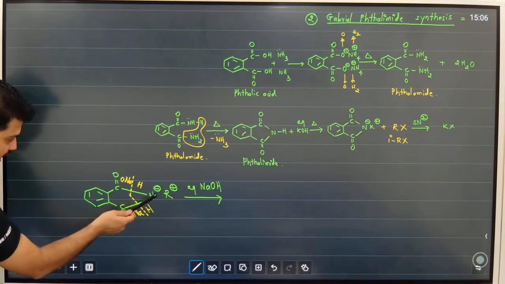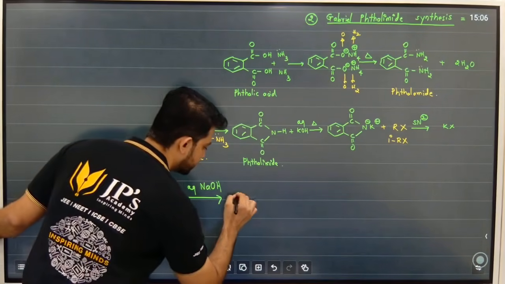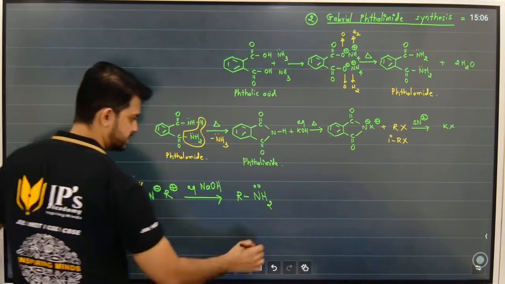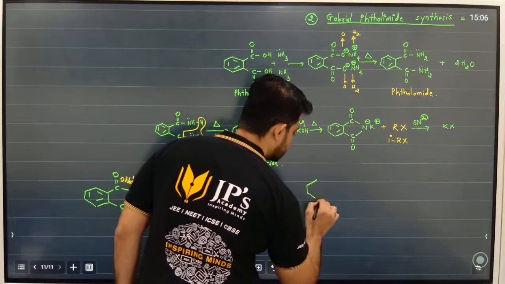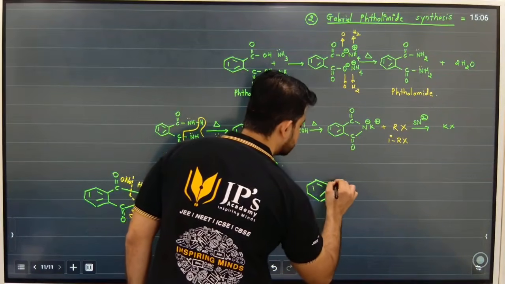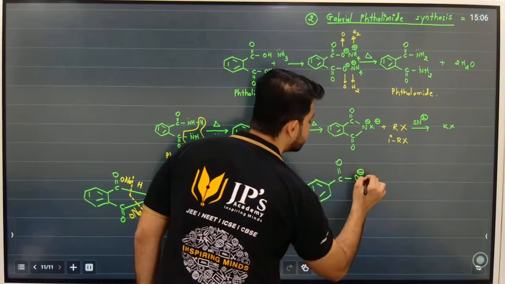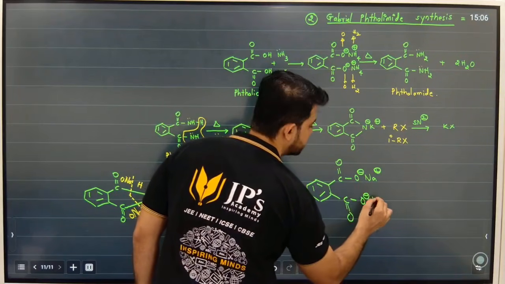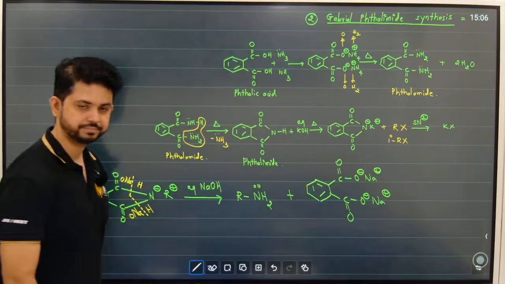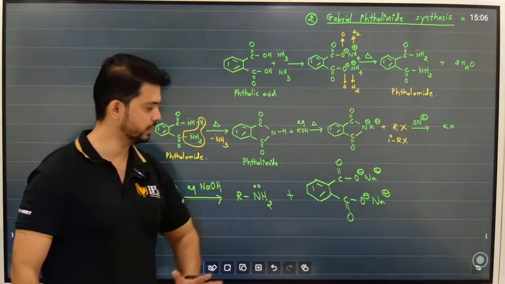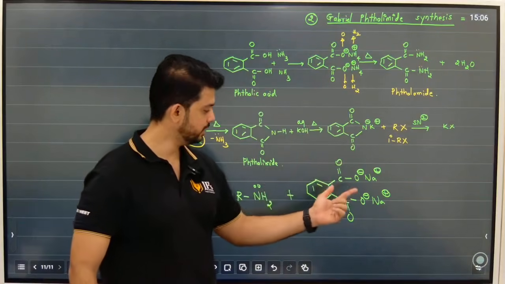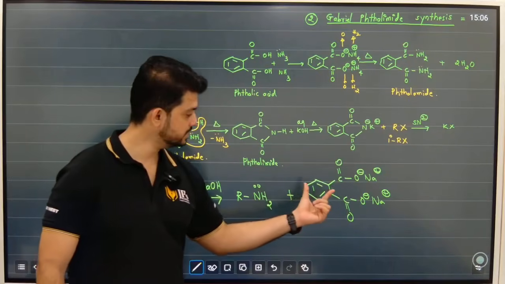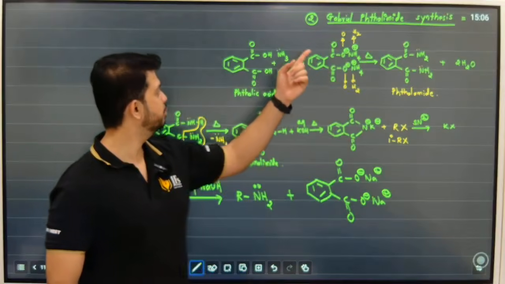Now observe this, RNH2 plus sodium salt of phthalic acid. Sodium phthalate. Just like a potassium salt, potassium phthalate, sodium. ये Phthalimide का salt था, ये phthalic acid का salt है. Now students, the best thing about the reaction is इसका हम अगर फिर से hydrolysis करेंगे, we go back to phthalic acid.